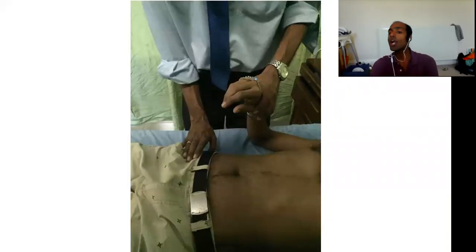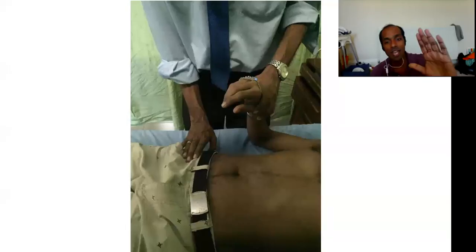Now, when you're doing the examination, as well as at the exam, you have to expose the femoral artery. Never do it over the clothes like I'm showing here, which is a wrong technique. But I didn't want to expose this patient because this is going to be used for educational material. Patient was not willing to be exposed. So that's why I'm using my fingers over the trousers.